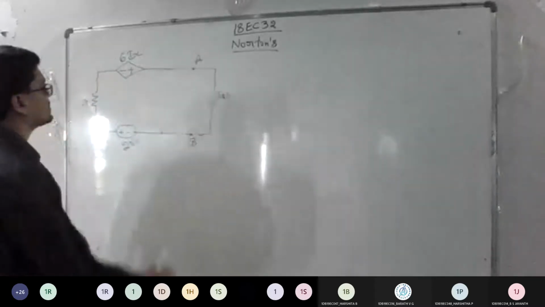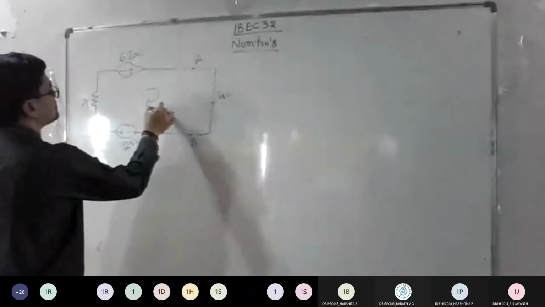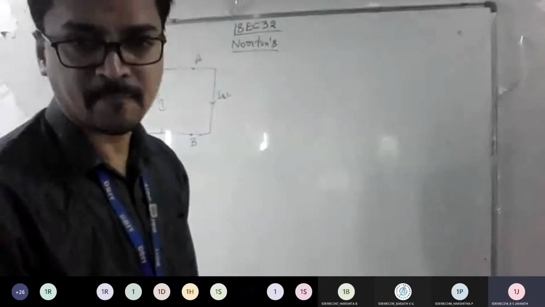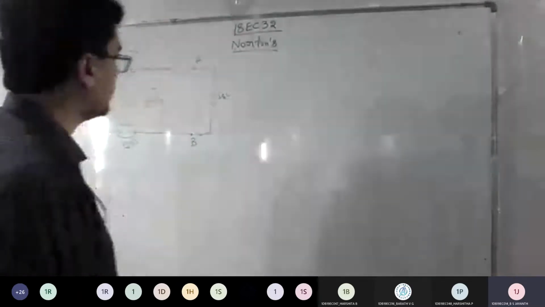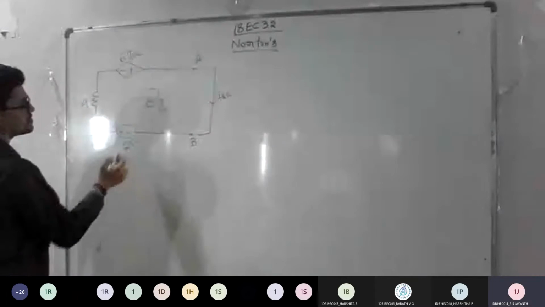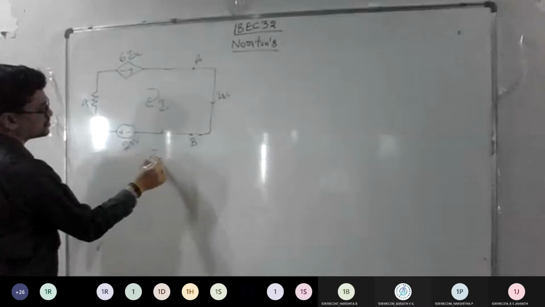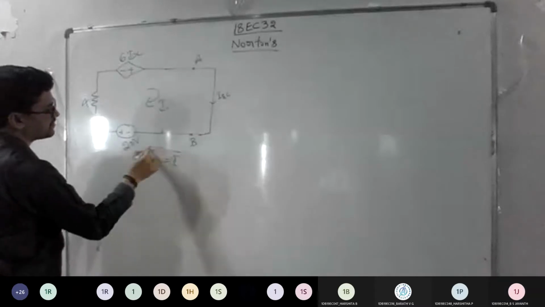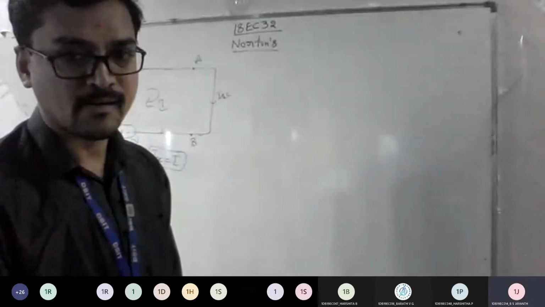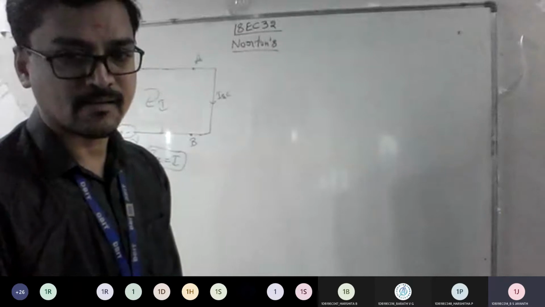So if this goes off, how many meshes do you have? Only one mesh. Can I call it I? Yes or no? Yes, sir. So apply your mesh analysis logic and get me the answer. If we trace from here, before that, what is Ix equal to now? Can I tell Ix itself is equal to I? Ix is dependent upon the current across the 6 ohm, sir.